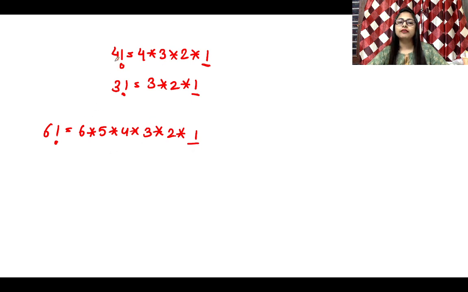Every time I talk about factorial, I start with the same number and end on 1. So from here we understood that whenever we have to find the factorial of a number, we start with the same number and end on 1.